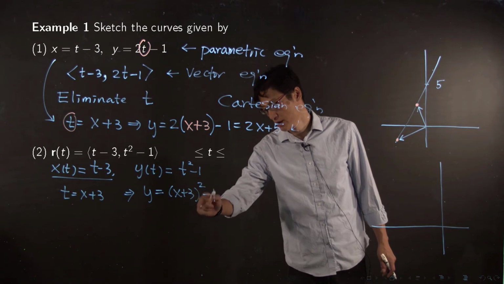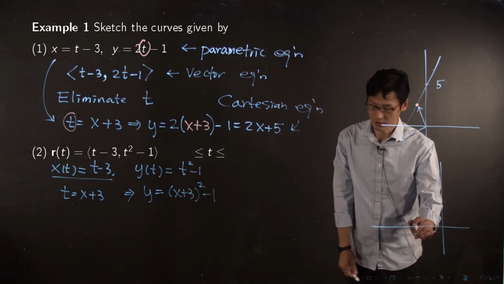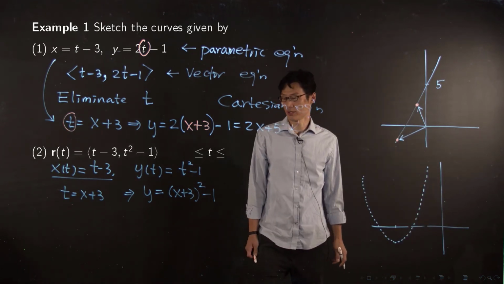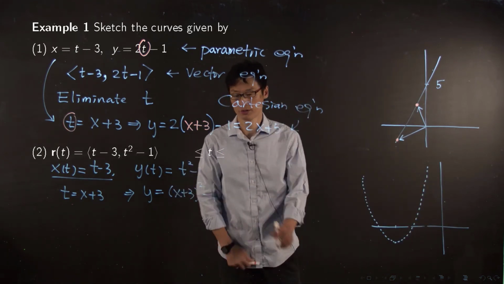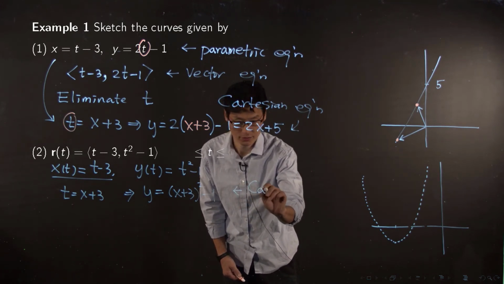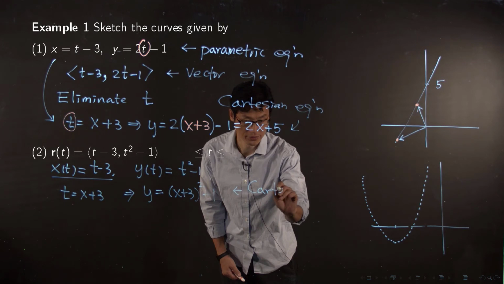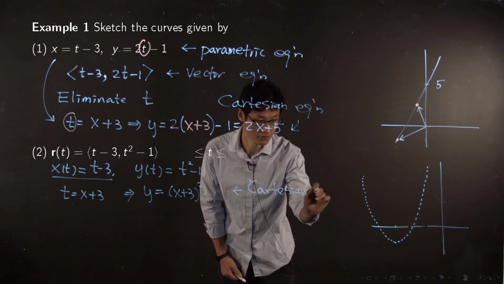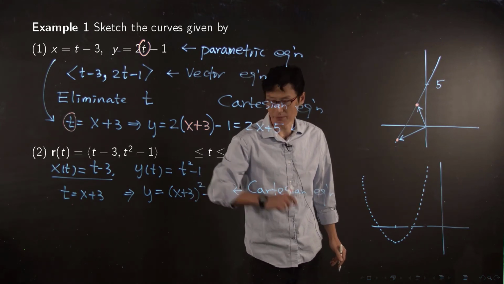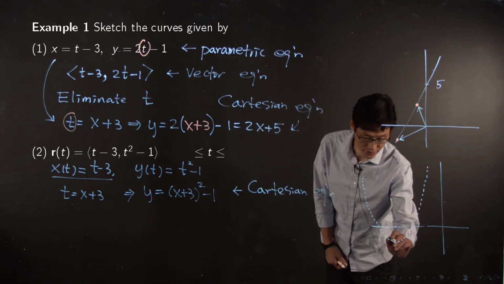We see the vertex is (negative 3, negative 1). So from this Cartesian equation, we know how to plot the curve. The vertex is (negative 3, negative 1). So we have the vertex like that.